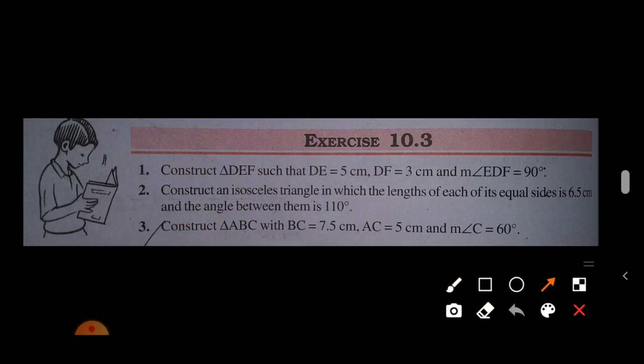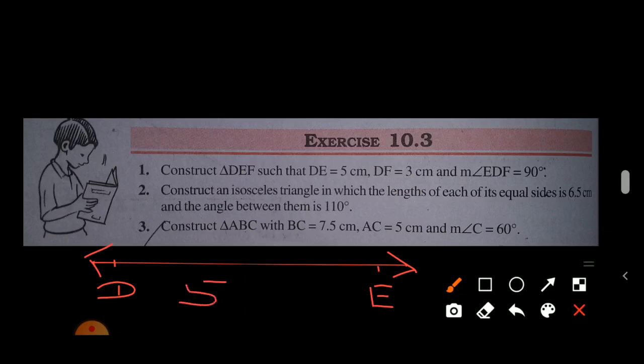First we draw DE equal to 5 centimeter, and then after we draw the angle of 90 degree with the help of a rounder. This is the arc.